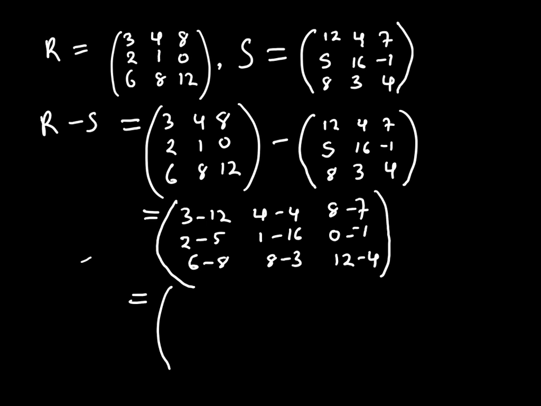So 3 minus 12 is negative 9, 4 minus 4 is 0, 8 minus 7 is a positive 1, 2 minus 5 is negative 3, 1 minus 16 is negative 15, then 0 minus negative 1 is a positive 1, 6 minus 8 is negative 2, then 5, and the 8. That is R minus S. As simple as that, you have subtracted the two matrices.